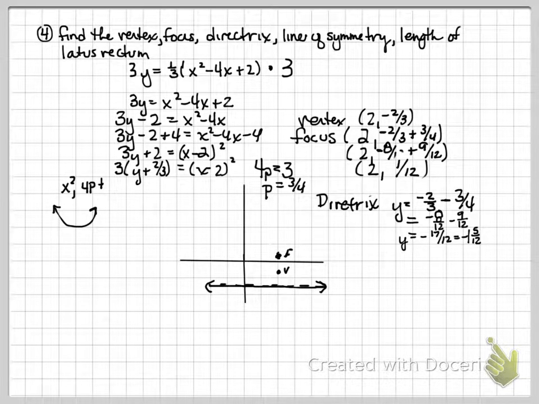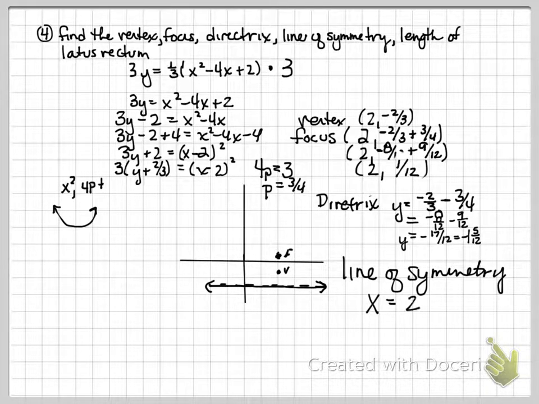Okay. All right. Now, the line of symmetry is going to be perpendicular to the directrix, and it's going to go through those two, so it's going to be an x value. So the line of symmetry is going to be x equals 2.